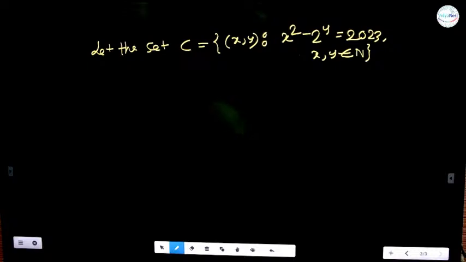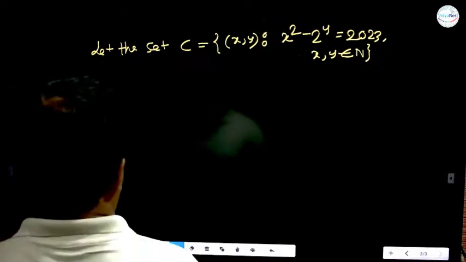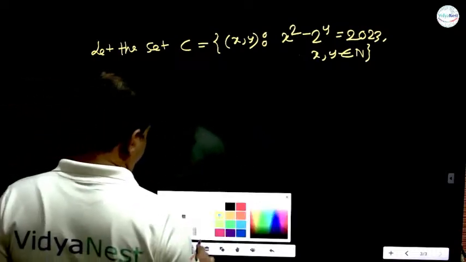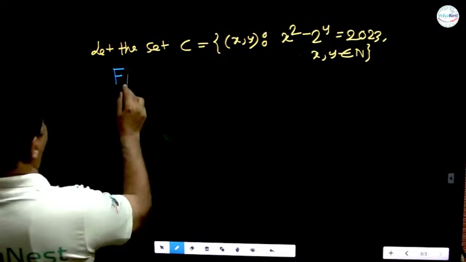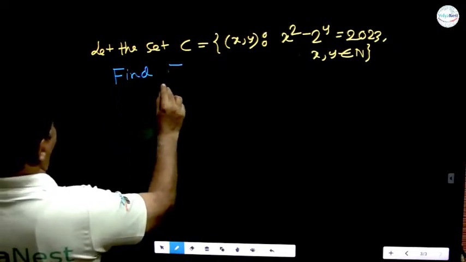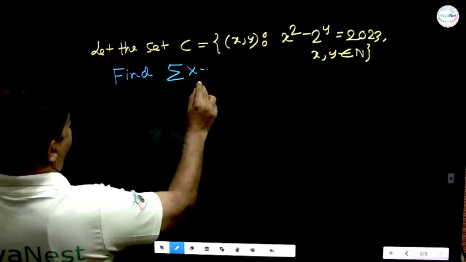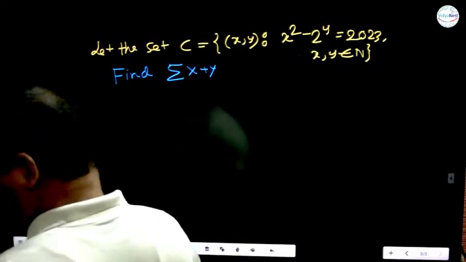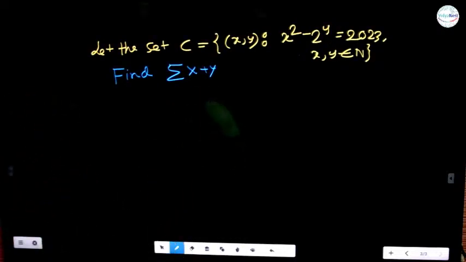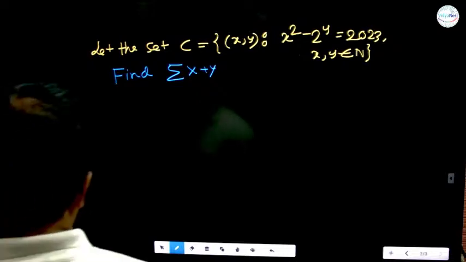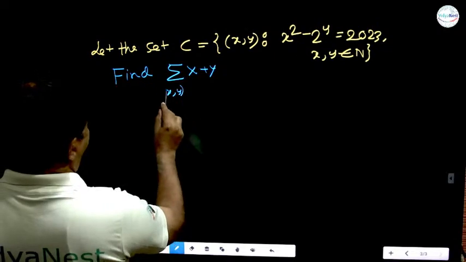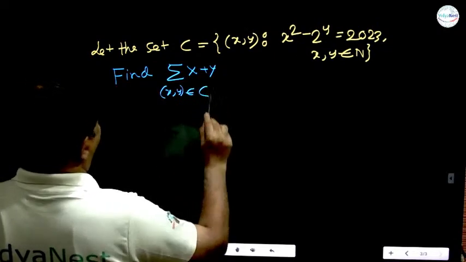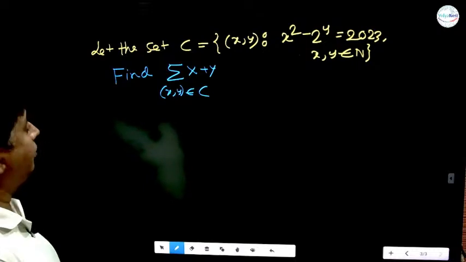find the summation of x plus y, where x and y belong to C. How to find?